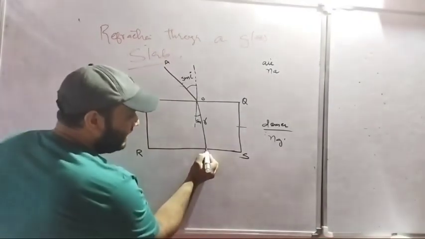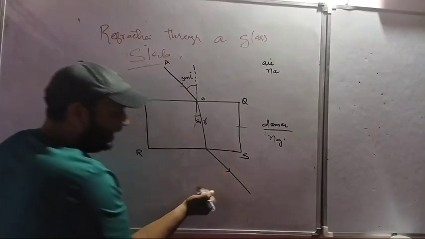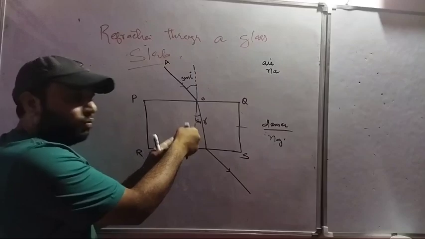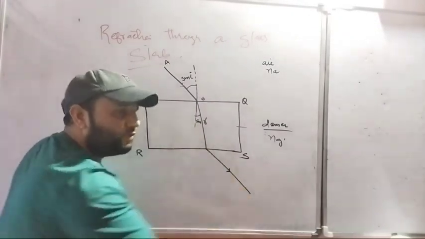After that it will come out from the glass like this. So this ray is coming from what to what? Denser to rarer. It will go away from the normal.